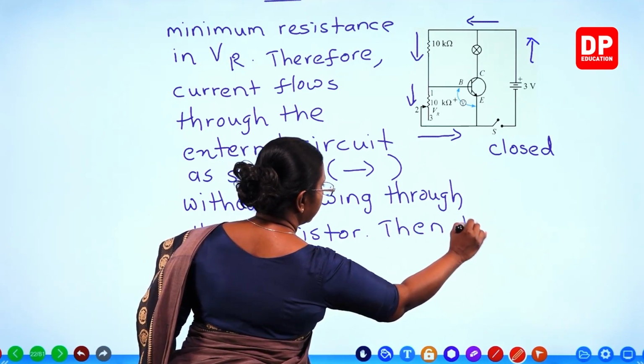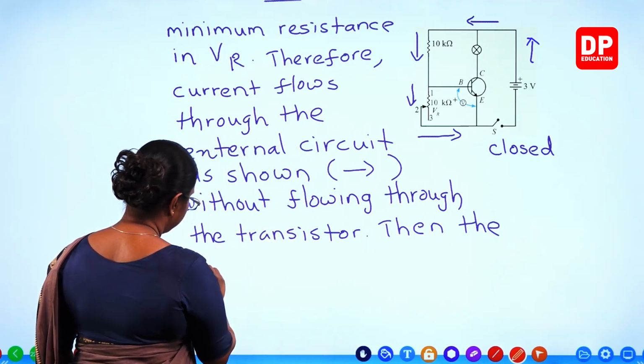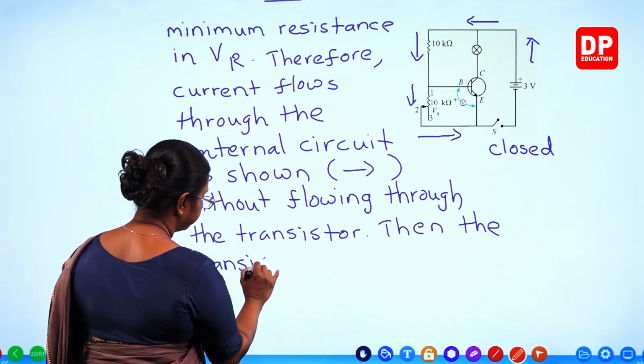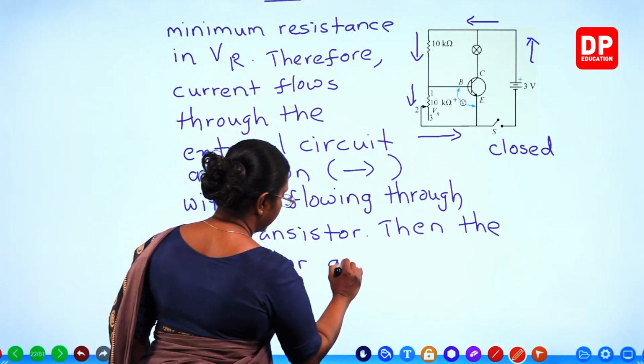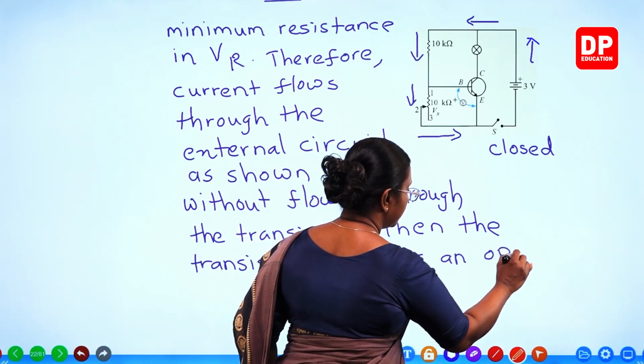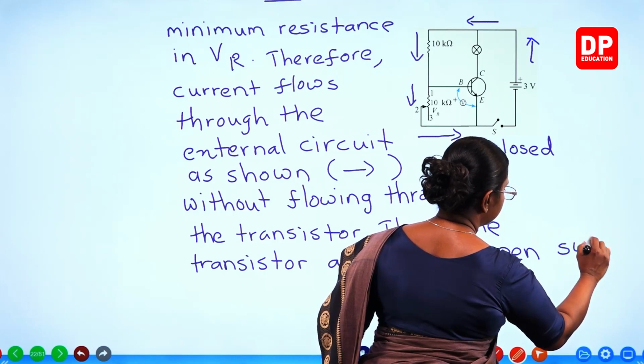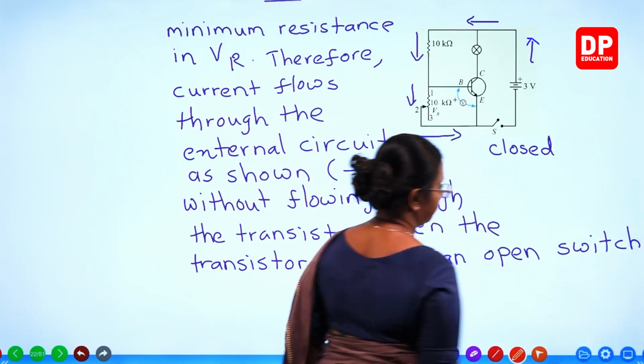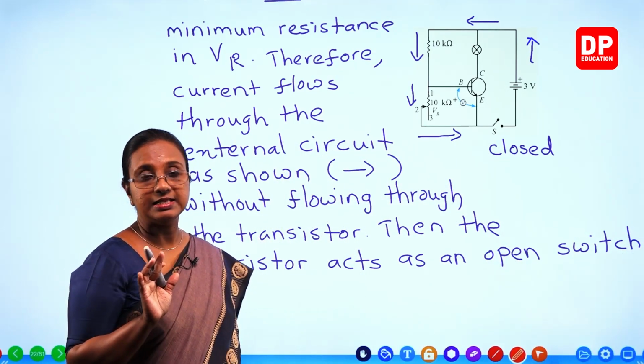Then the transistor acts as an open switch. So that is one instance.